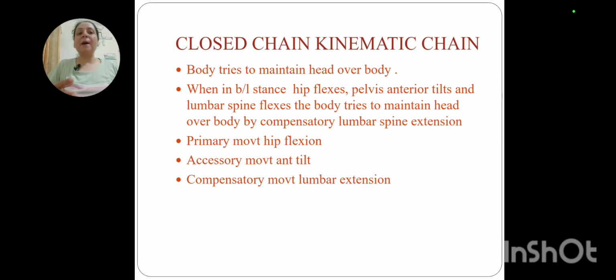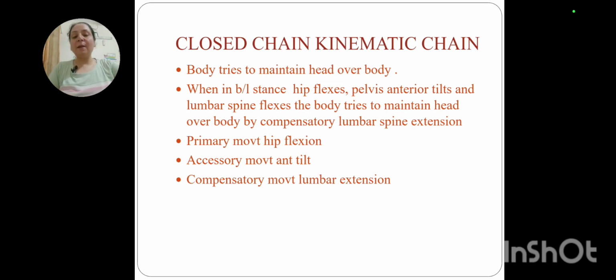There will be lumbar spine extension. This compensatory change happens only in a closed kinematic chain, because the primary movement is hip flexion, and the accessory movement is anterior pelvic tilt. Now when hip extension takes place and I try to maintain my head over my body, the third compensatory movement which happens is lumbar extension.